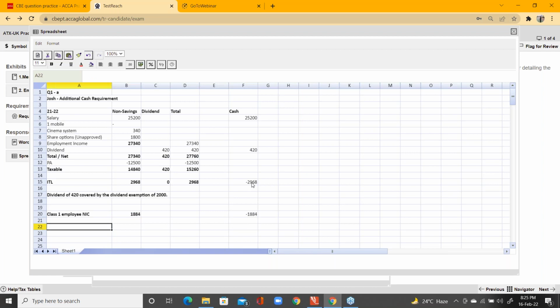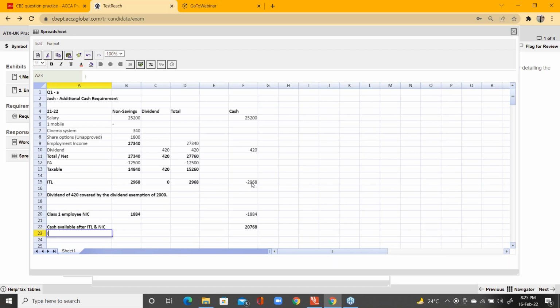Now what's the relevant heading over here? Cash available after income tax liability and NIC payments, taking the sum of the cash column from start till end. So he is only having 20768, the cash amount after paying all the relevant liabilities and NICs.